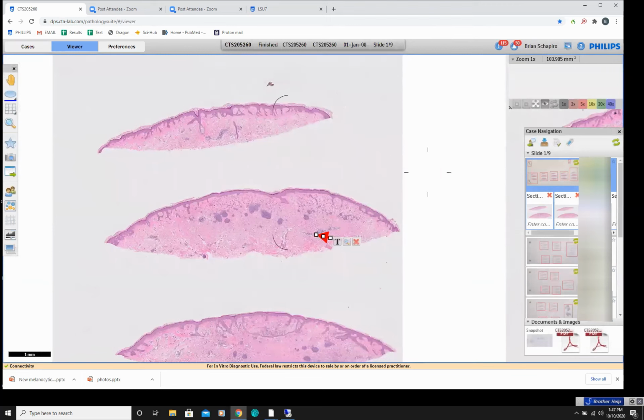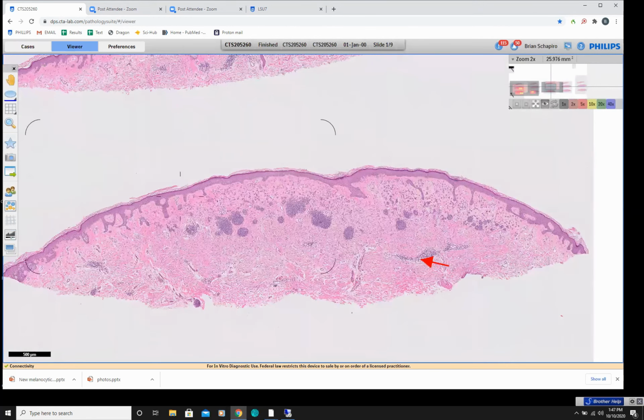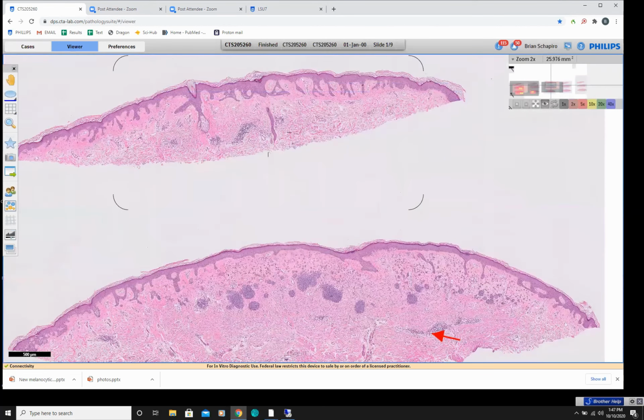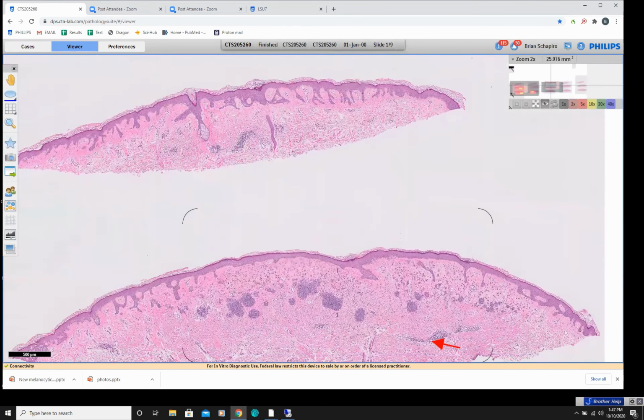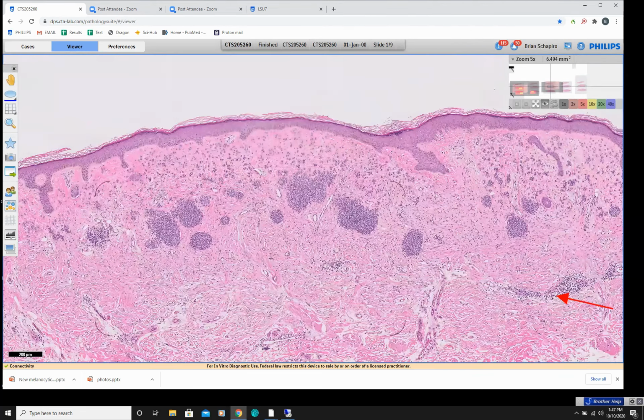This was a very interesting case, also in melanocytic pathology. I think it was a 60-year-old with also an upper arm lesion. When you look at this case, it's relatively normal epidermis. It's a dermal process.